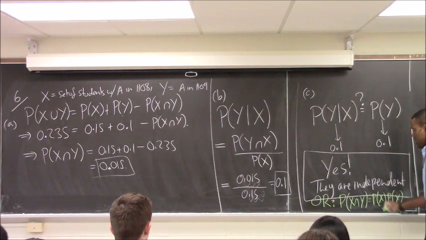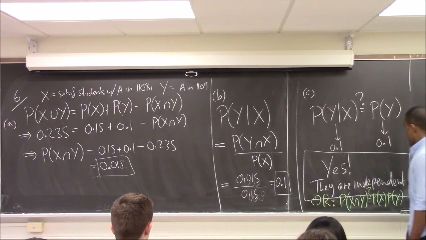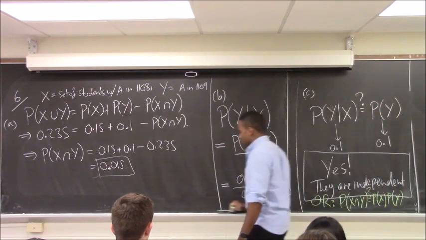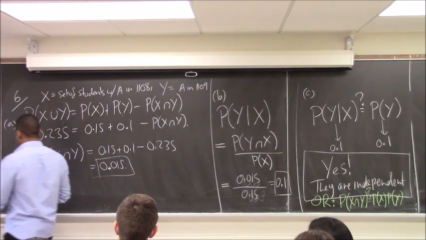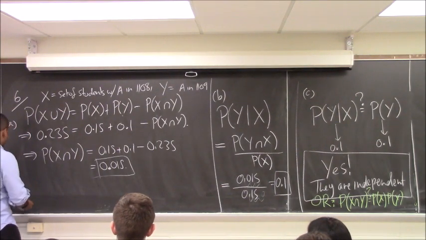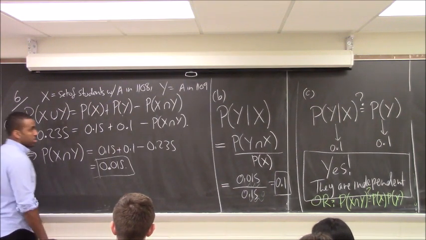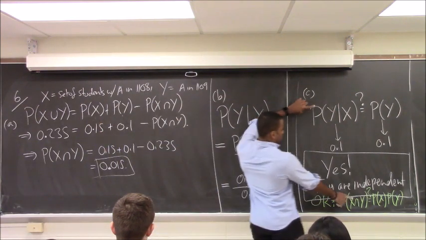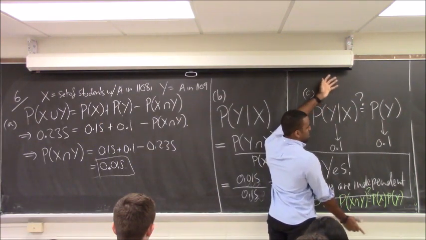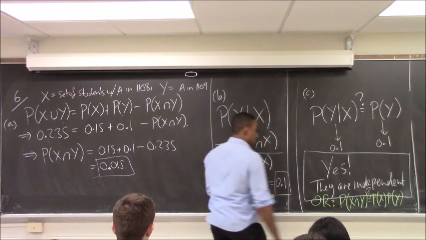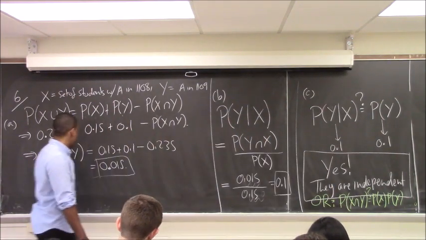So you can check this equation, whether that's true. And they should both give you the fact that they are true. That means, yes, independence. If they don't work out, no, they're not independent. How we check independence is one of these two equations: either the conditional, doesn't matter which, or the intersection is the product of the individual probabilities.